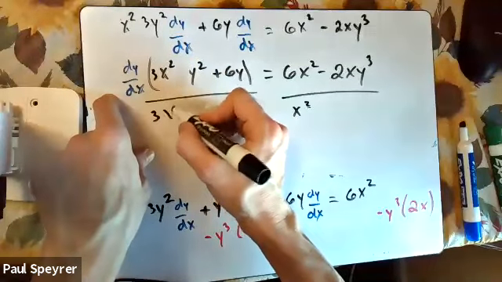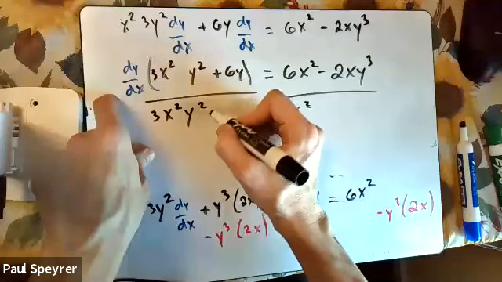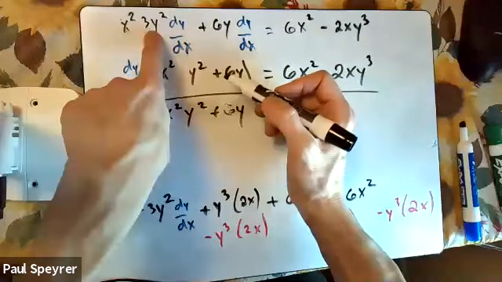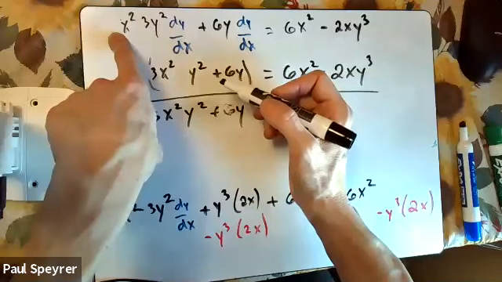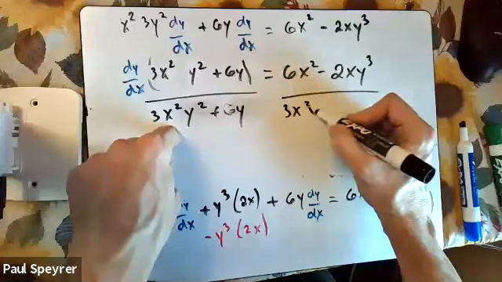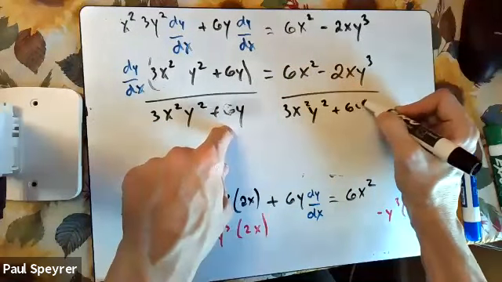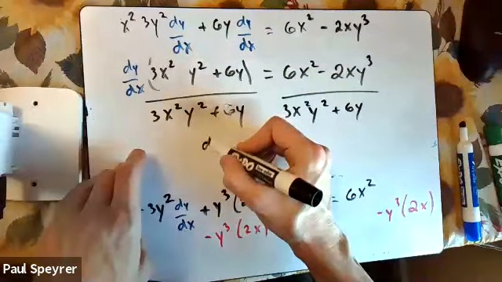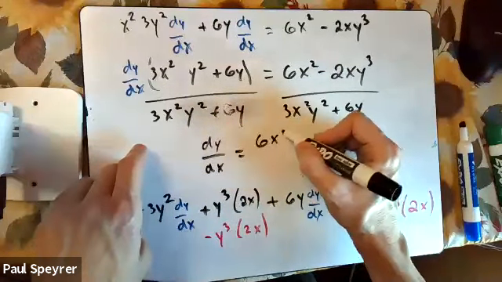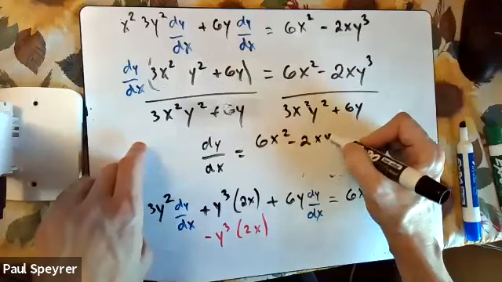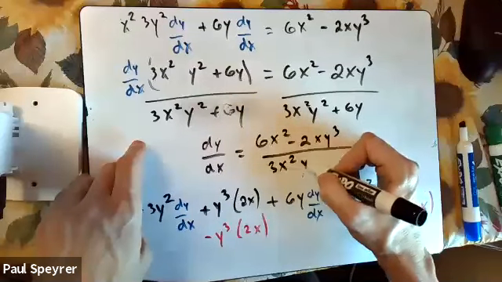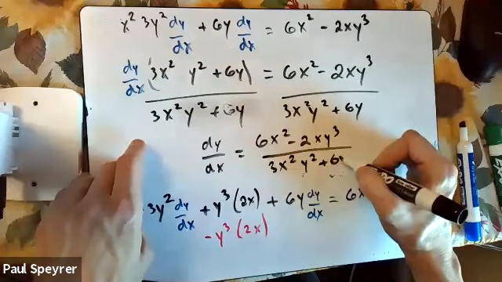Yeah. We're going to divide both sides by 3x squared y squared plus 6y. So again, if you didn't catch that, I just moved this 3 out in the front right here. So same thing, I'm dividing both sides. So your derivative is 6x squared minus 2x y cubed over 3x squared y squared plus 6y.